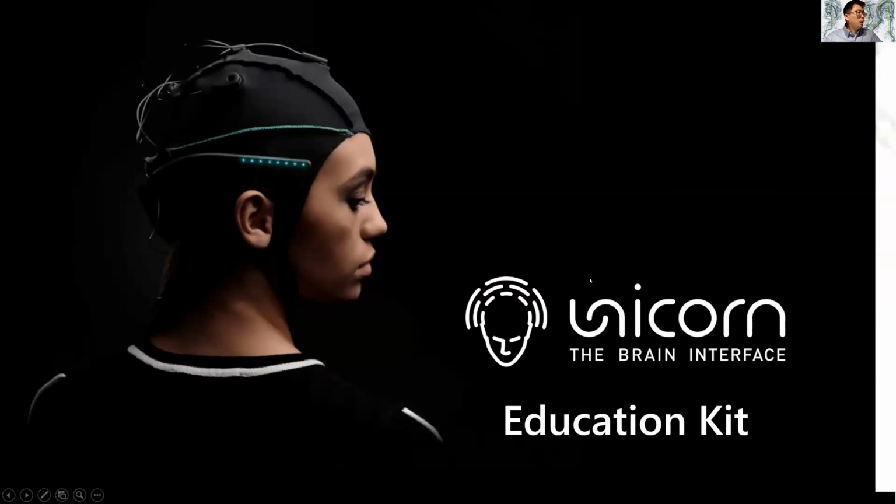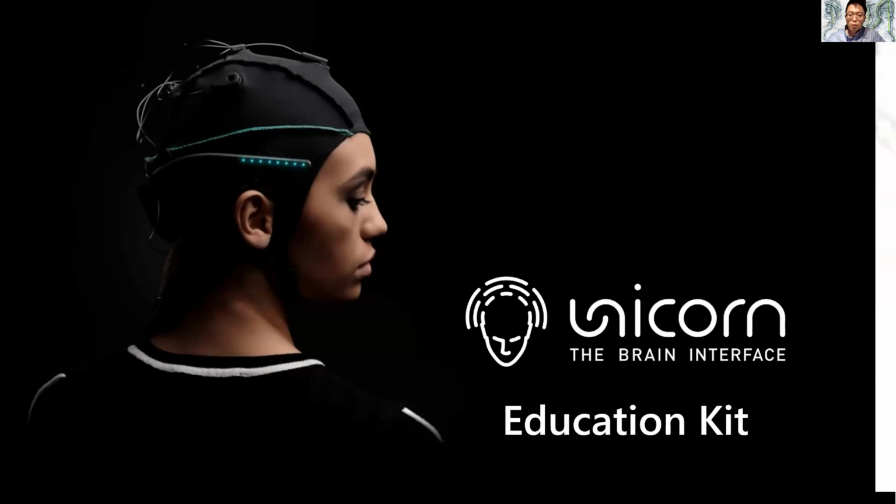So now I will move on. Since we already explored this cutting-edge research system, let's now turn to education, where neuroscience begins for many. I would like to introduce the Unicorn Education Lab Kit. This is a kit that redefines learning by putting real EEG technology directly into students' hands.